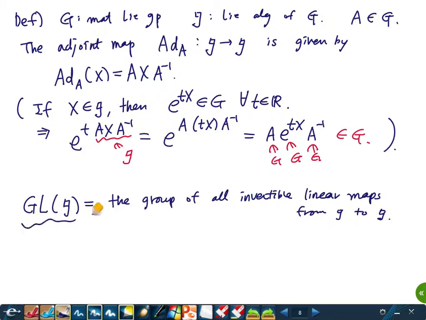For this definition, we don't need the structure of the Lie algebra. We only consider 𝔤 as a vector space. So this is really like GL(n, C) if it is complex, where the dimension of 𝔤 is n. So just forget about the Lie algebra structure and regard this as a vector space, and then this is the usual definition of the general linear group.